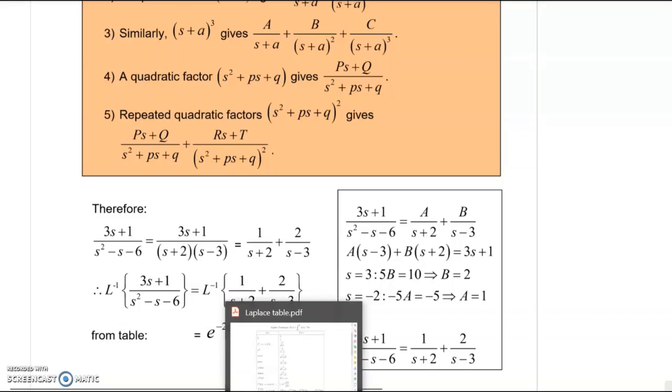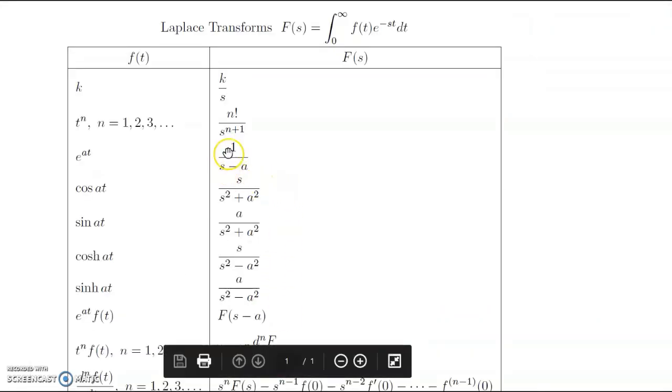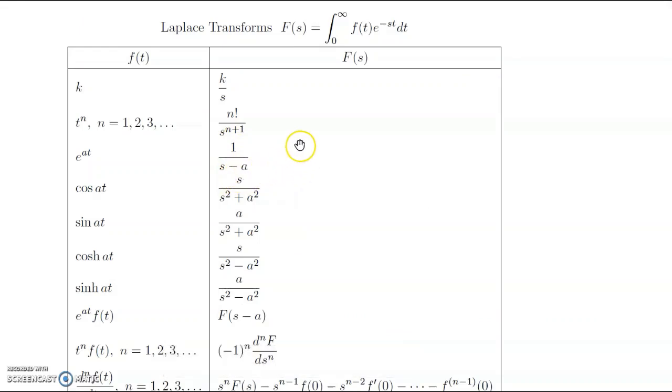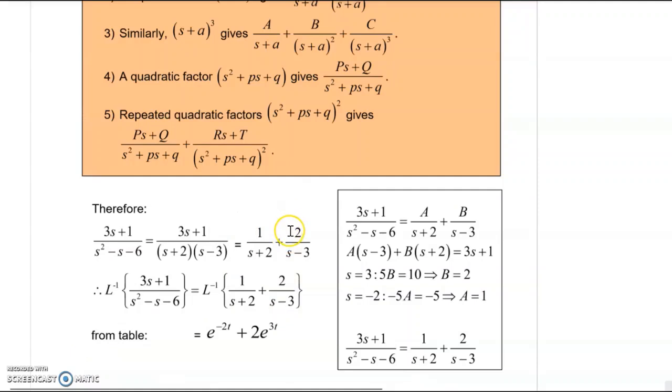If we can recall, we have the fraction 1 over s minus a. Even though we have 1 over s plus a, this simply means s minus negative a. That's why we want to rewrite the fraction in terms of partial fraction, because by doing that, we can now map to our table.